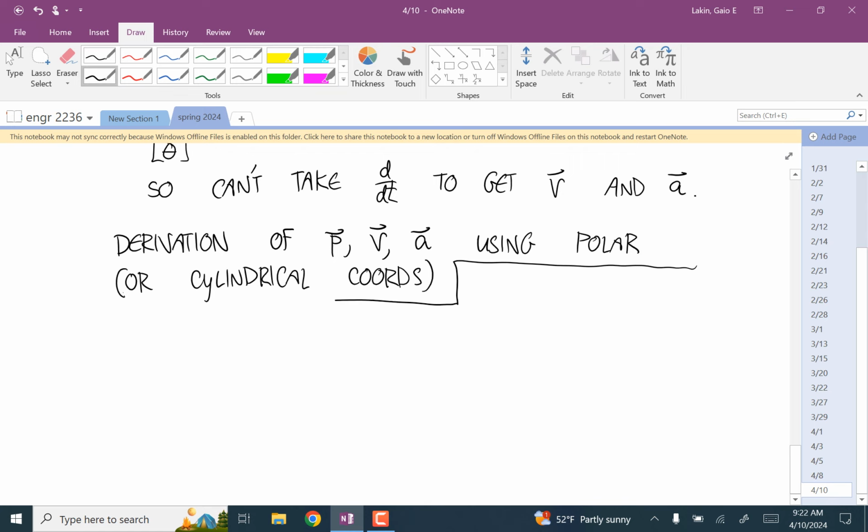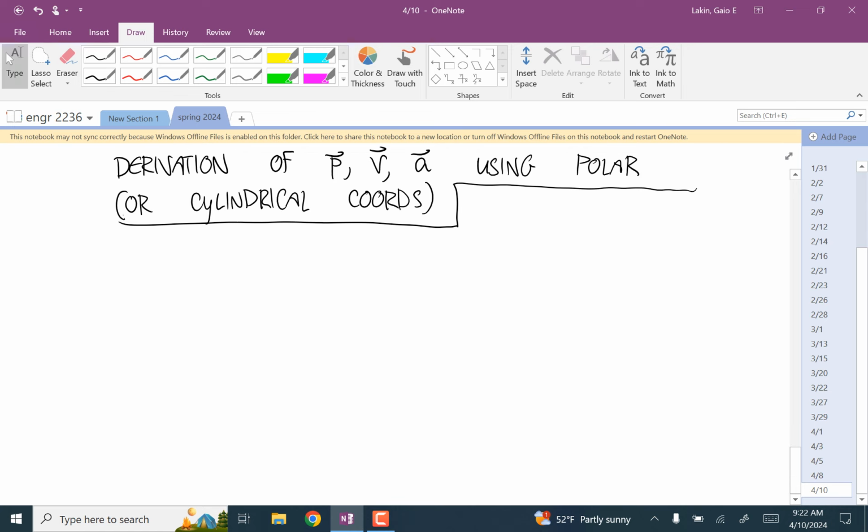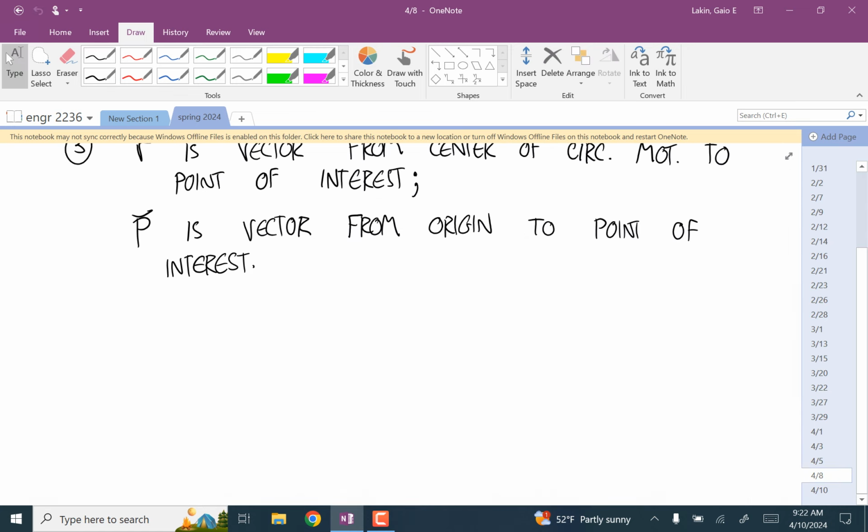We're doing this now because this derivation is going to use the rotating coordinate system idea. Let's say we have this underlying inertial coordinate system that everything's taken relative to. We don't really talk about it or draw it for the most part, but what we're always doing is using our rotating coordinate system to figure out what a velocity or acceleration would be in an inertial coordinate system. So there's always this underlying thing.